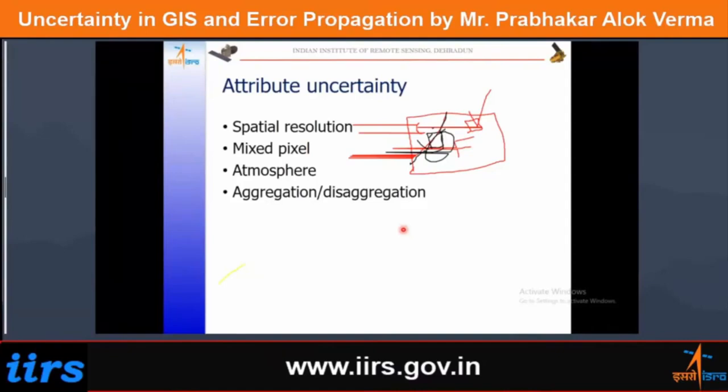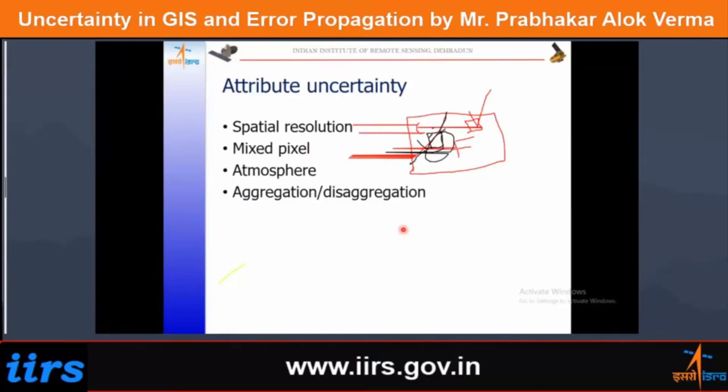The atmosphere plays a role in decreasing our power of discrimination. How? From the atmosphere, some noise is added in the data, and because of that, the contrast of the image gets affected. If contrast gets affected, our ability to discriminate between features gets affected.